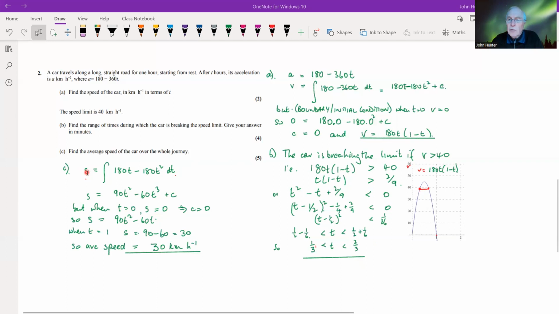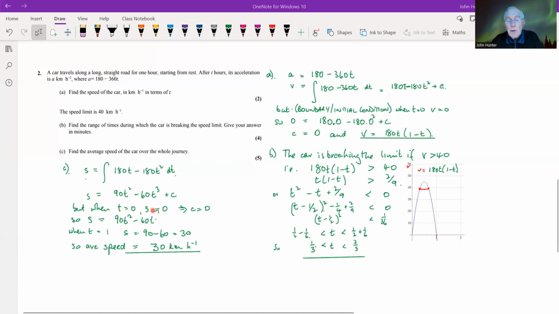The displacement function, following our process, we integrate the velocity function, and we get this: s equals 90t squared minus 60t cubed plus our constant of integration. And because we're measuring the displacement with respect to where we start, there's a sort of implicit boundary condition.